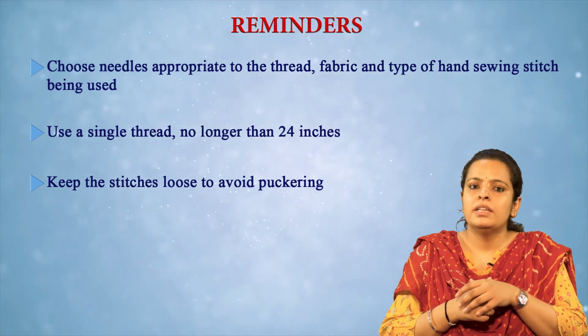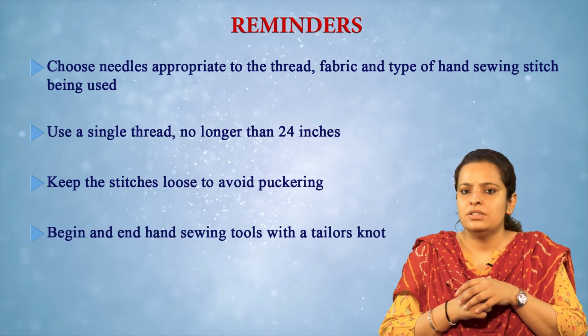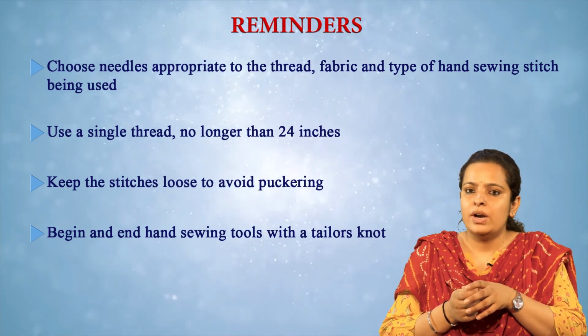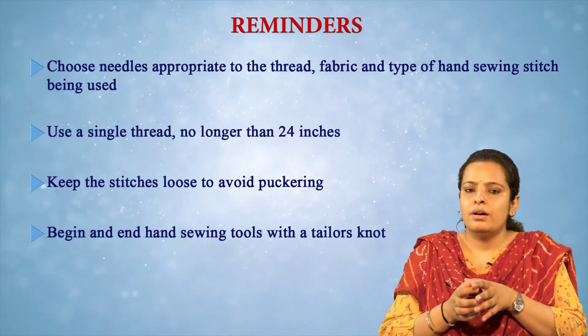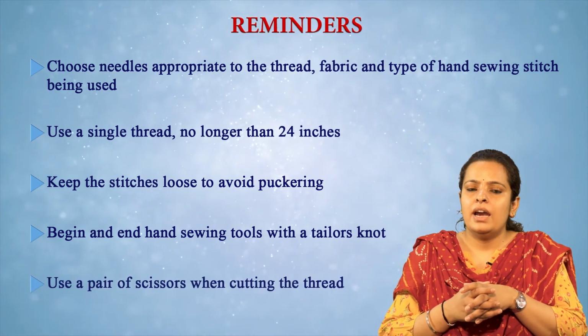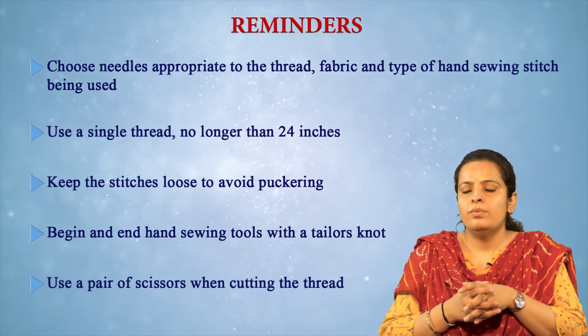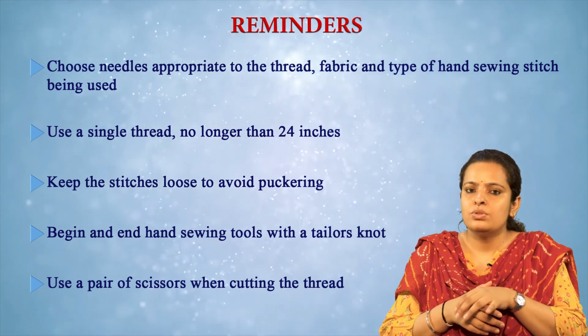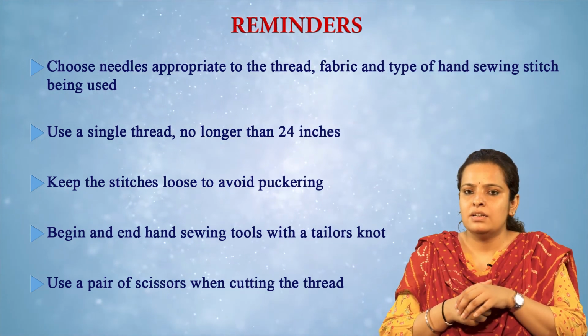Then begin and end hand sewing with a tailor's knot. Make a knot at the end of the thread carefully, and use a pair of scissors when you want to cut the thread. For cutting the thread, use only scissors.